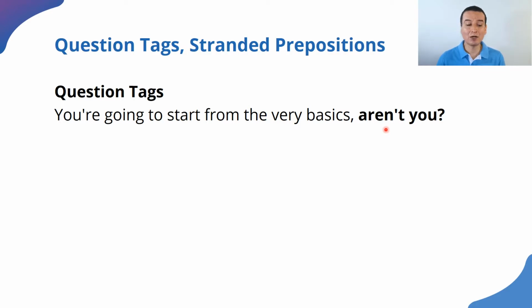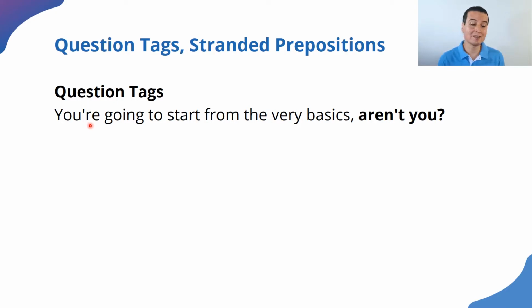For that, he used a question tag. The question tag is "aren't you?" How did he construct that question? The sentence is about you, as you can see here. You are going to start. So the question is asked to you. If we are asking a question about you, and you know that all sentences have an auxiliary, the auxiliary that we use for the question should be the same auxiliary in the sentence that we just mentioned.